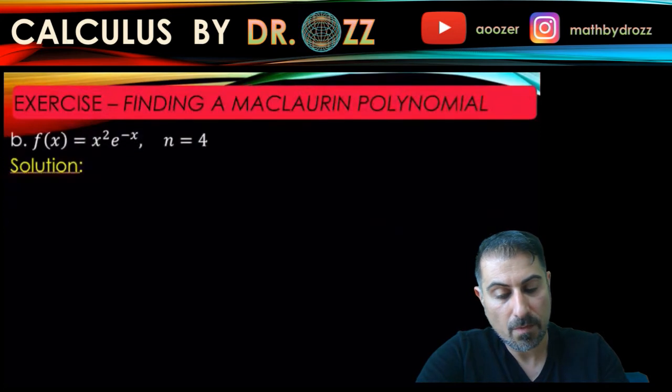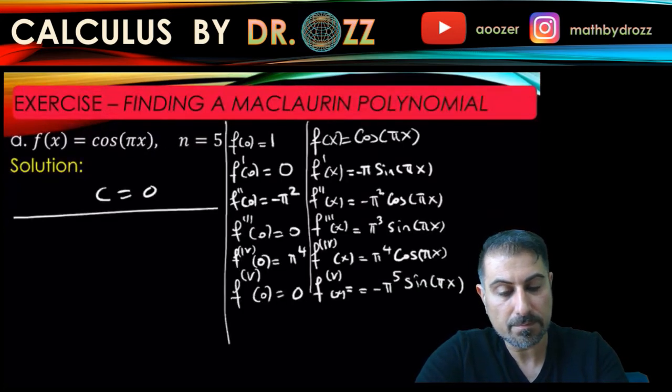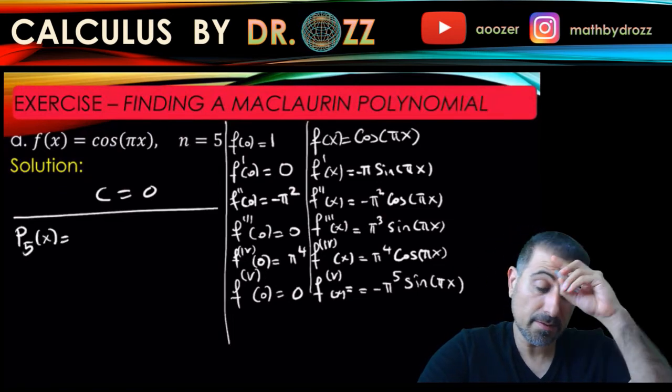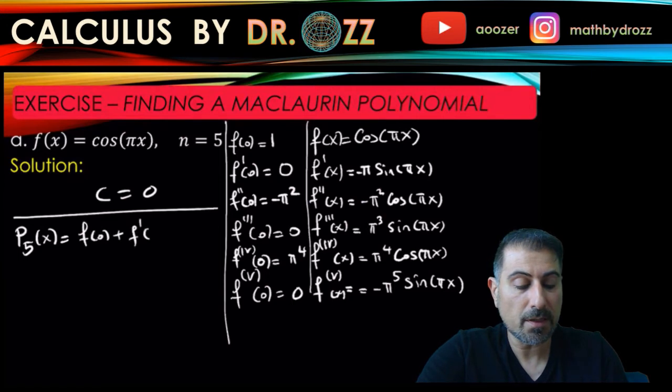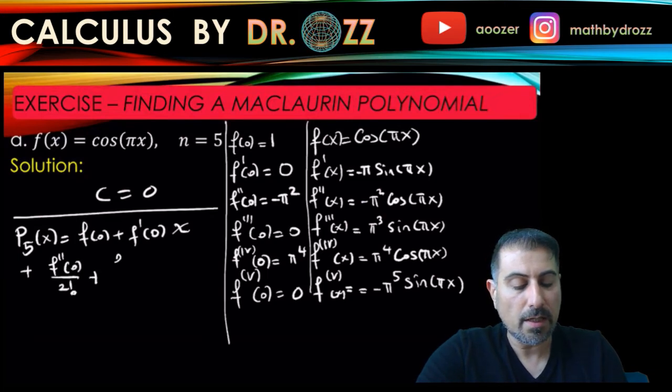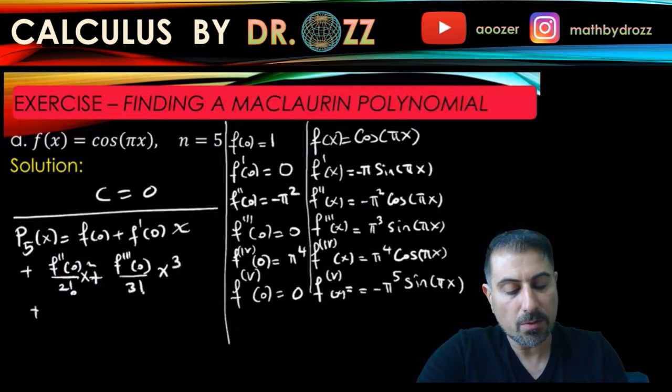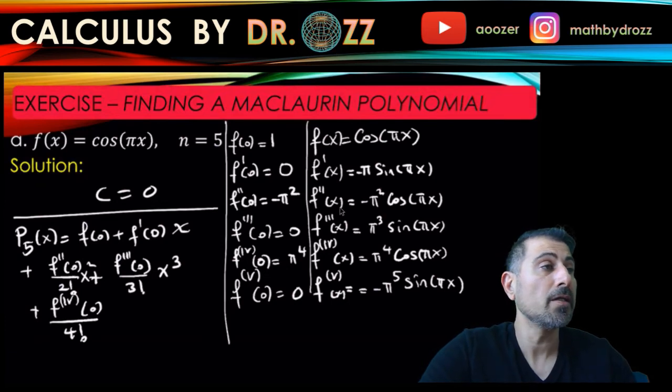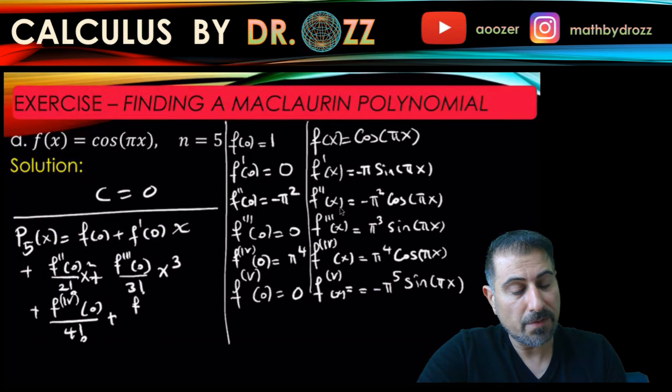So P5 of x is f of 0 plus f prime of 0 times x plus f double prime 0 over 2 factorial x squared plus f triple prime 0 over 3 factorial x cubed plus the fourth derivative evaluated at 0 over 4 factorial x to the fourth, and then finally the fifth derivative of f evaluated at 0 divided by 5 factorial, x to the fifth.